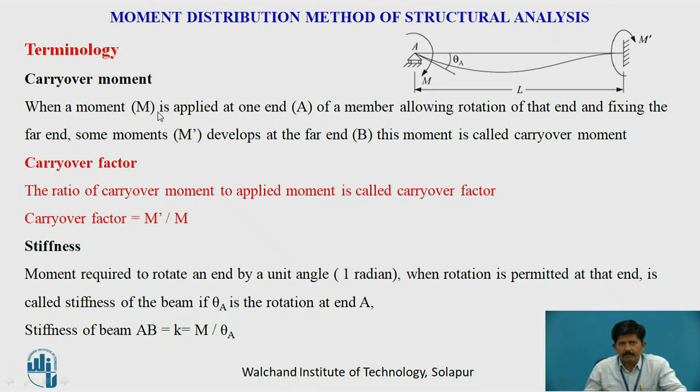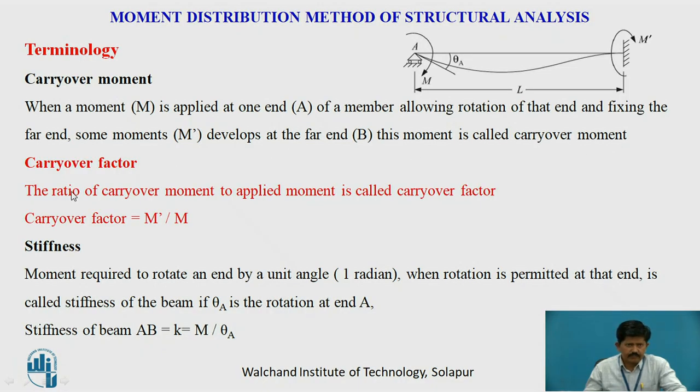When a moment M is applied at one end A, as you see in this figure, a moment M is applied at end A of a member, allowing rotation of that end, that is theta A, and fixing the far end, some moment M dash develops at the far end B. This moment is called the carryover moment.